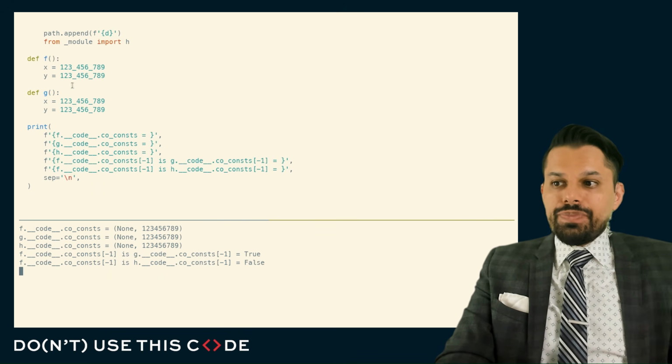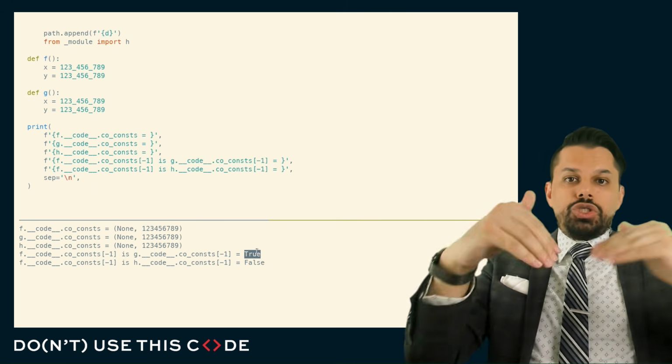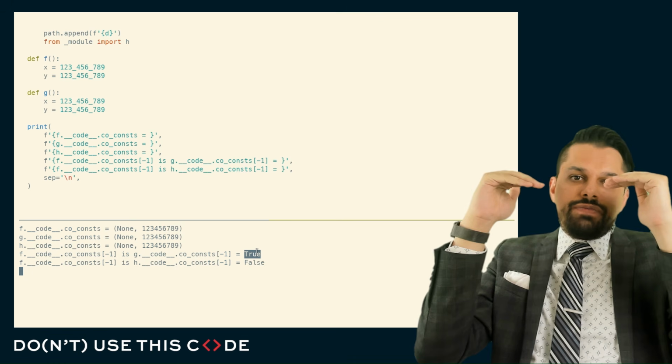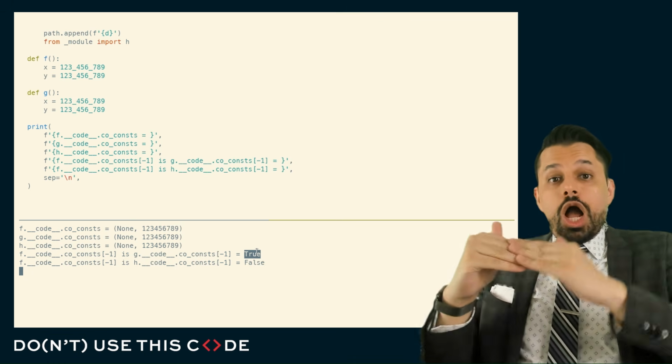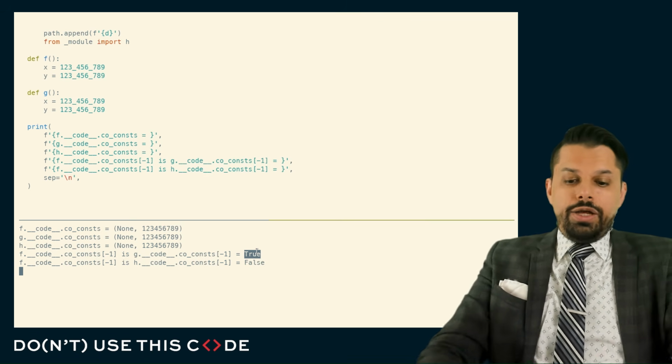And what I'll see is that the constants that f has and the constants that g have, they've actually been folded. They're the same. Within that compilation unit, we're just going to reuse that same 123456789 value. However, across two different compilation units, between one module and another module, they'll be different.